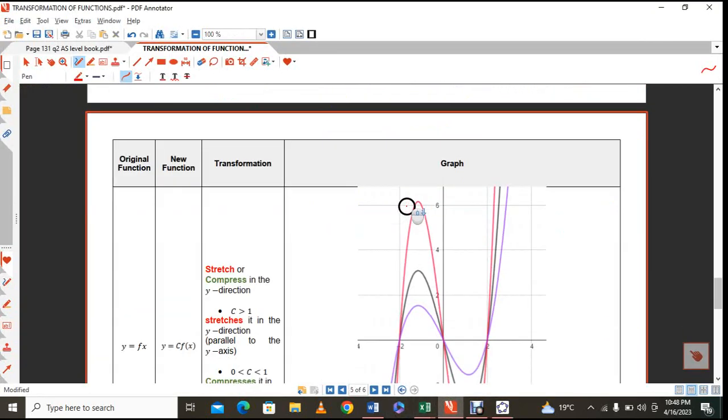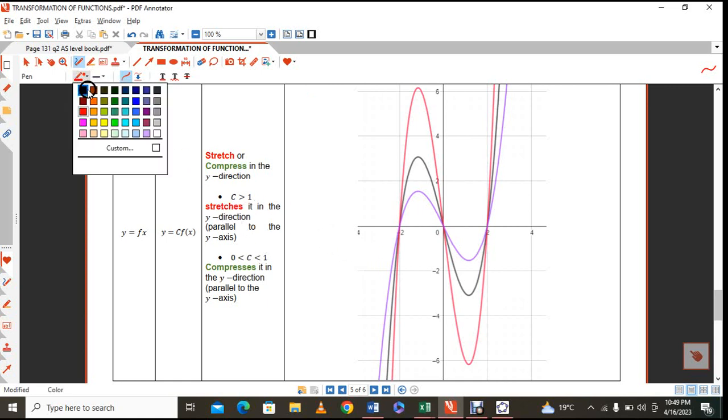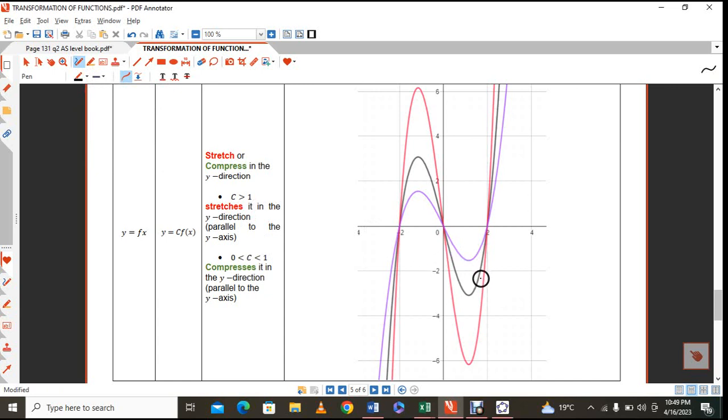The next one is the part where we are talking about the stretching and compressing of a function. It's very important that you understand this. So you have a function here, let's make it in black.